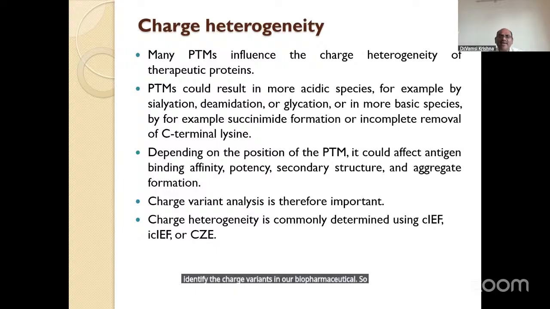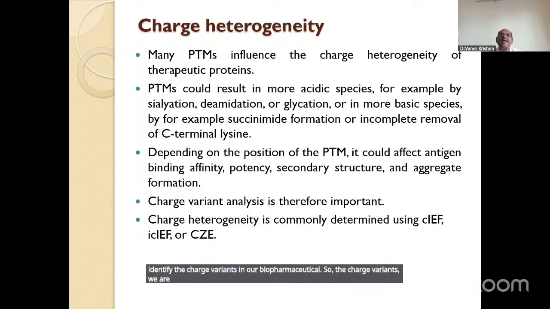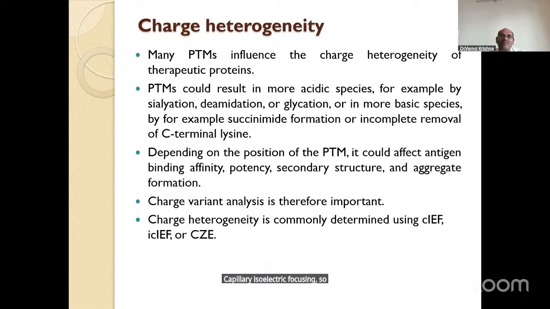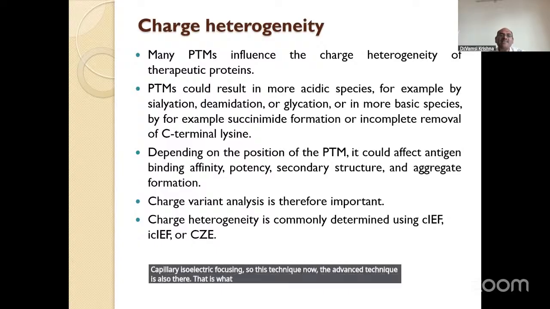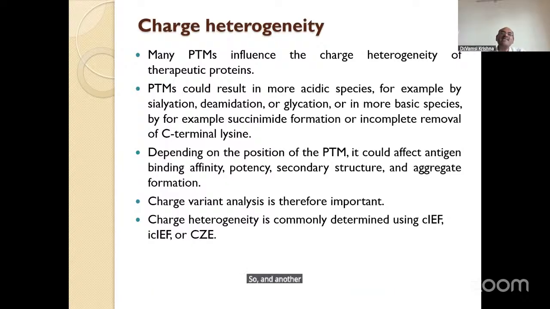The charge variants are determined by a technique called capillary isoelectric focusing. Now an advanced technique is also there, called imaging capillary isoelectric focusing. We can run capillary isoelectric focusing like a simple capillary isoelectric focusing, and another one is imaged capillary isoelectric focusing. What is the difference?